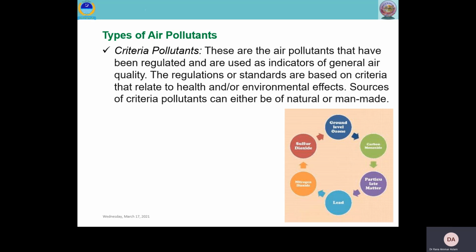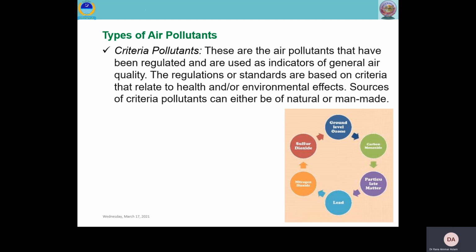And they can pose harmful effects on human health, animal health, plant health, as well as on non-living things like structures, buildings, etc. Since they are major pollutants, they have been under continuous monitoring since the beginning of the 20th century.